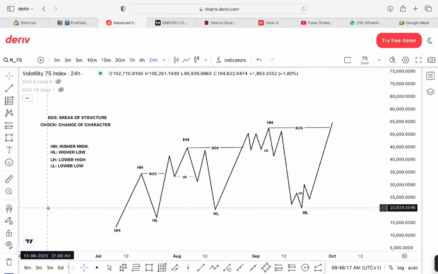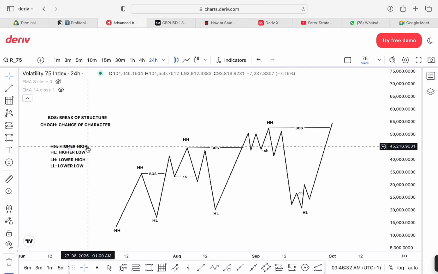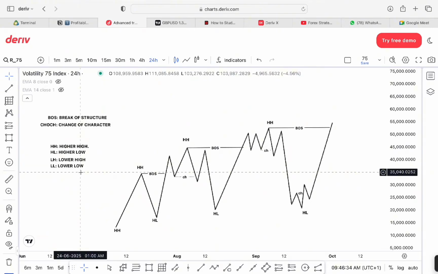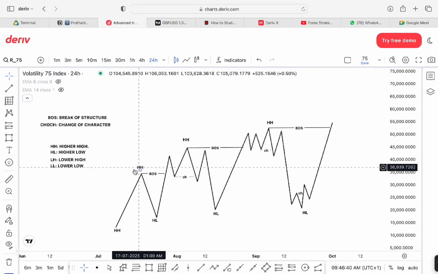So after that, we look at the basics of what makes up an uptrend structure. We have structure breaks, and this matters because it helps us identify trend direction.